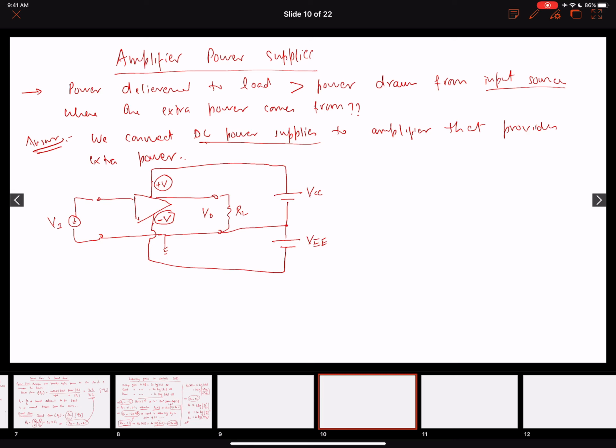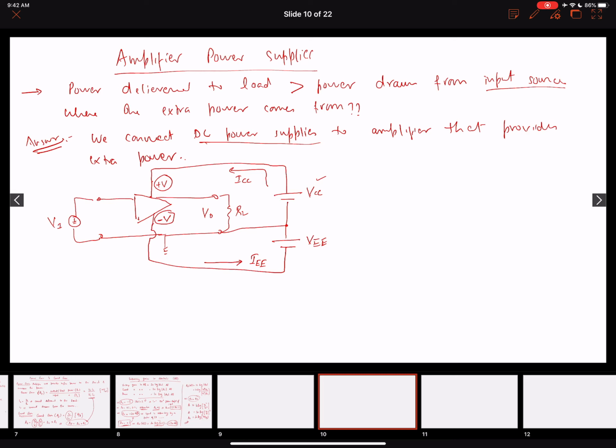The current drawn from this VCC supply is ICC, and the current for this supply is IEE.